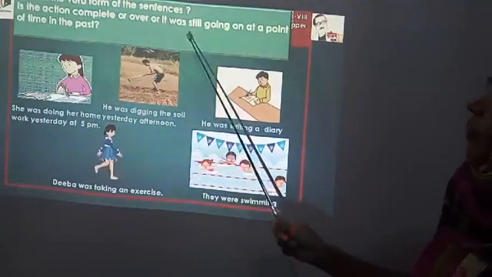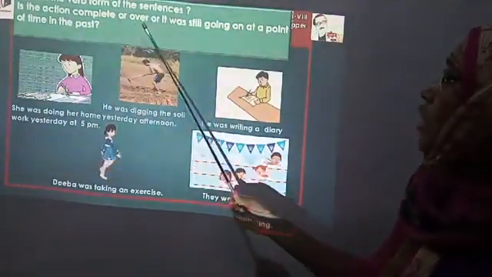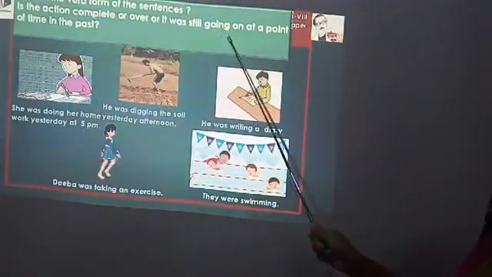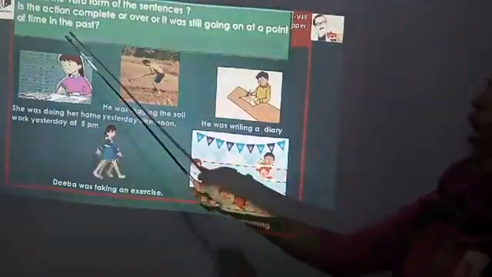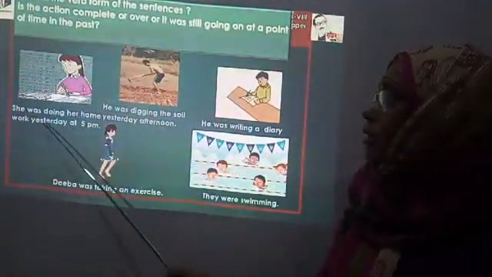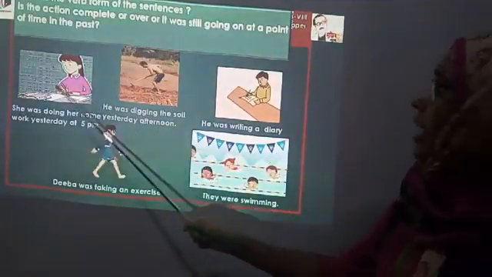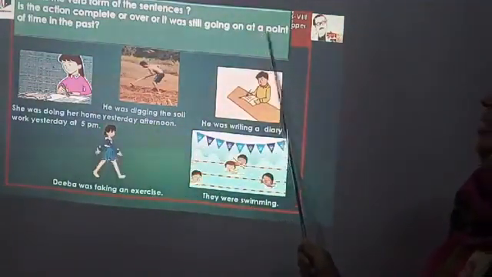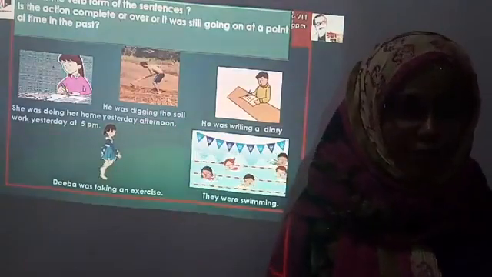The verb form of the sentence shows whether the action was complete or over, or it was still going on at the point of time in the past. Yes, I have already told you that the action was going on at a point of the time of past.